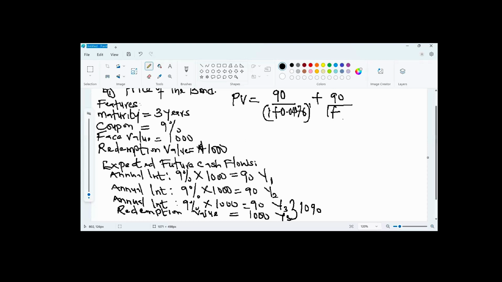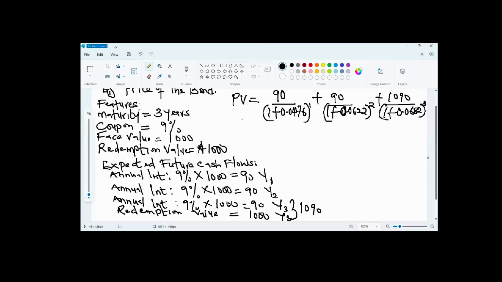What is the spot rate in year 2? 0.0622, raised to power 2, plus future value in year 3, 1,090, divided by 1 plus the spot rate in year 3, 0.06826, raised to power 3.